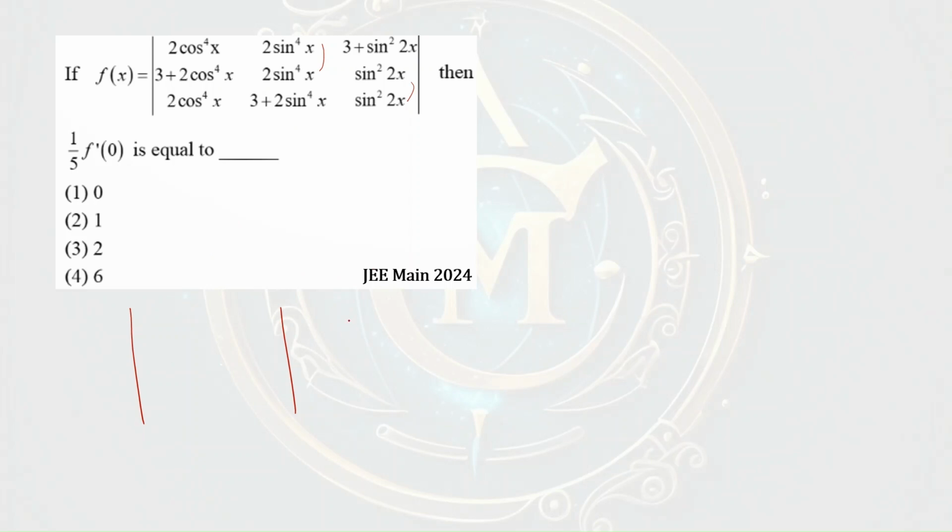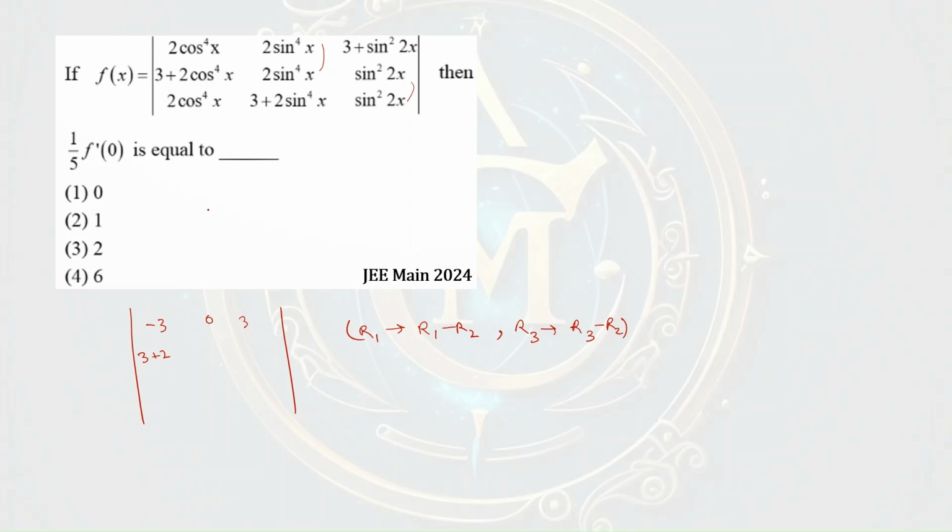So I choose the operation R1 goes to R1 minus R2 and R3 goes to R3 minus R2. So it becomes minus 3, 0, 3. Then this row remains unchanged.